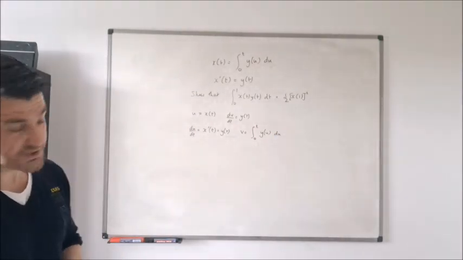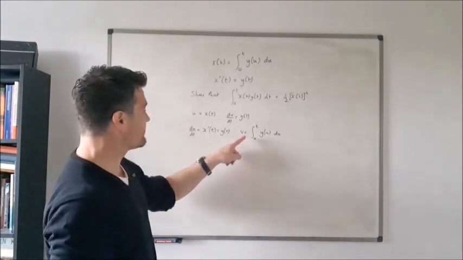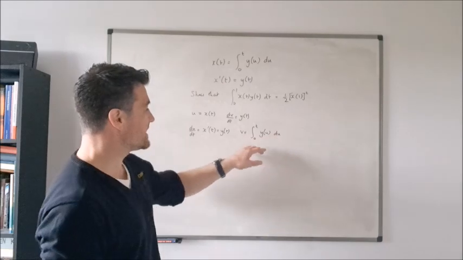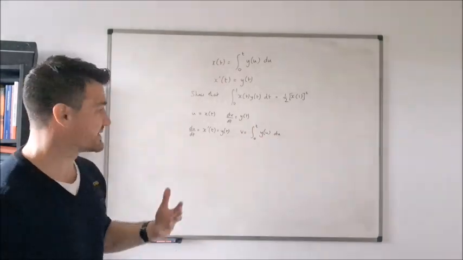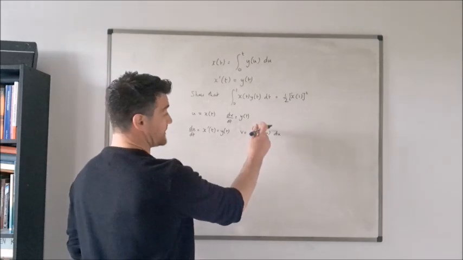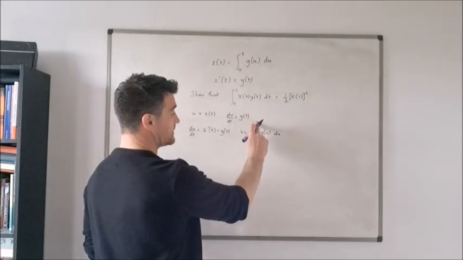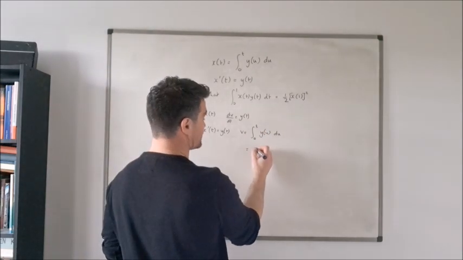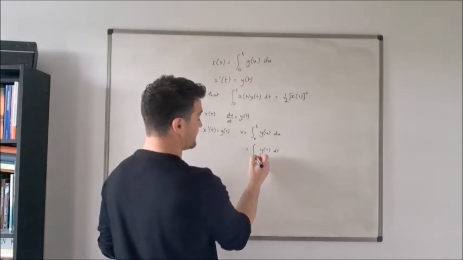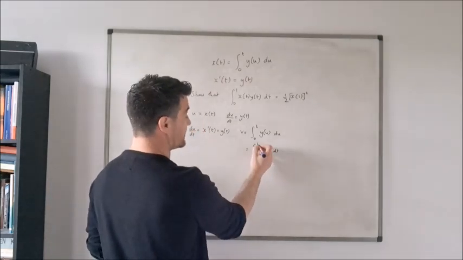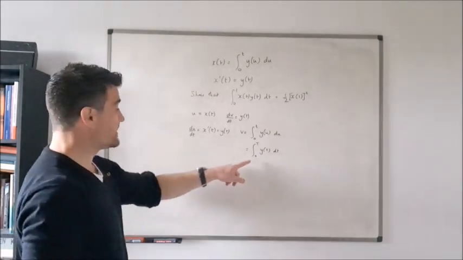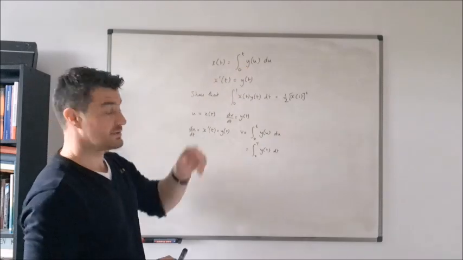You may ask, why have I written the integral like this? Why haven't I got the integral of y of t dt here? The answer is it doesn't make any difference. If I was going to write it as the integral of y of t dt, I'd have to use a different symbol for the limit, maybe an uppercase T. I'm doing it just so that it matches what I've got up here.